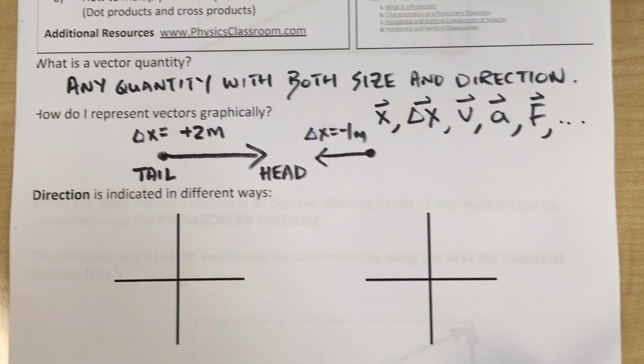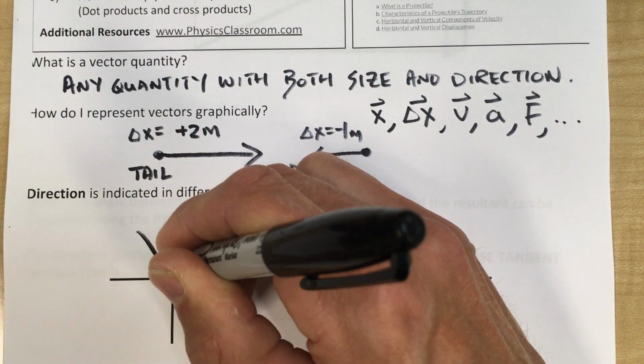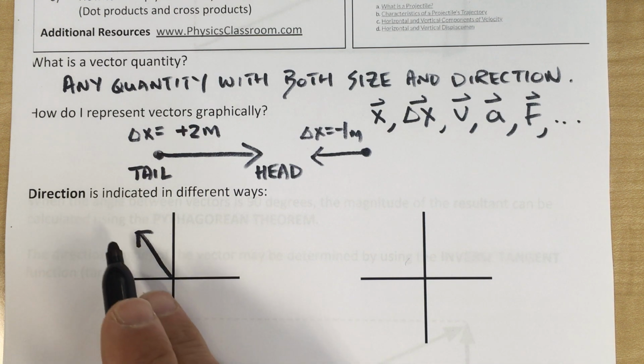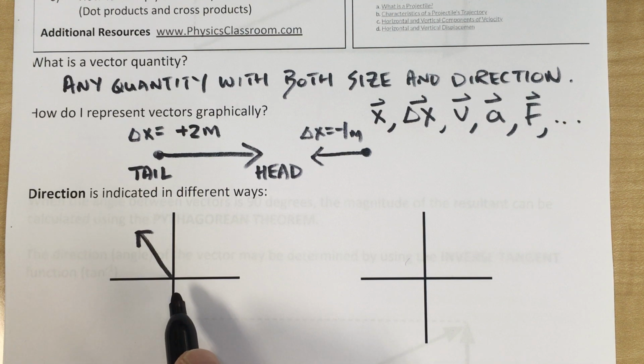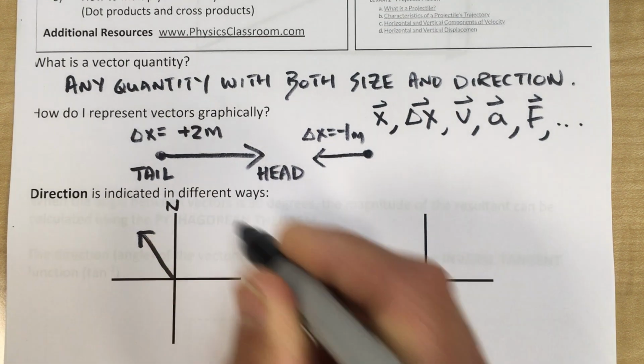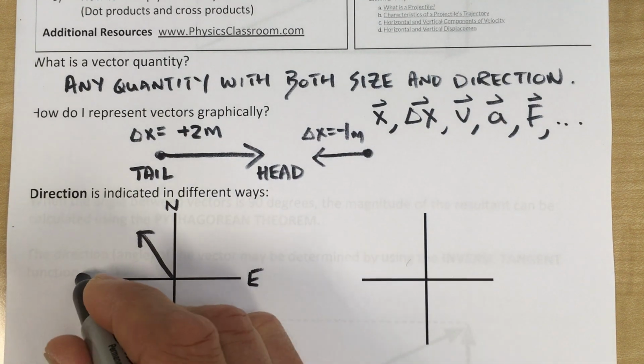How about indicating direction with vectors? You can do this different ways. Let's say that I have a vector that goes this way. Maybe it's a position vector. One way to represent the direction would be to say that it's pointing kind of northwest. Let's put directions here: north, east, south, and west.